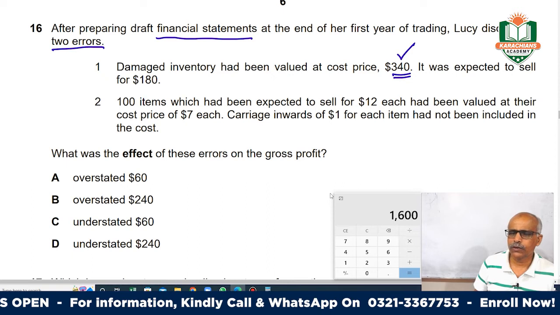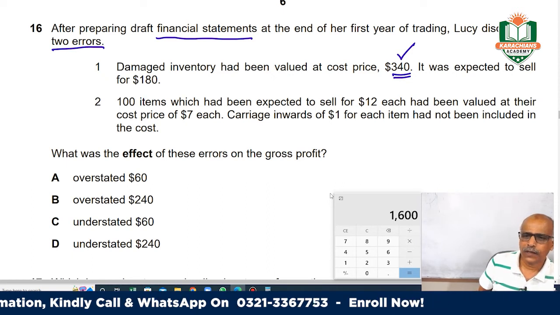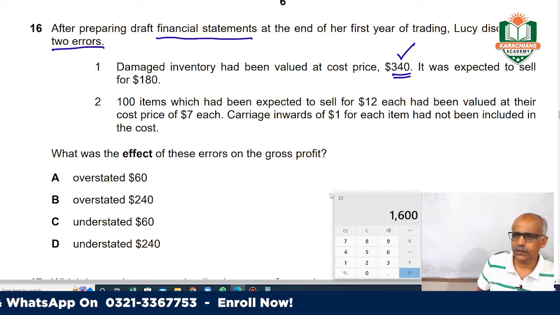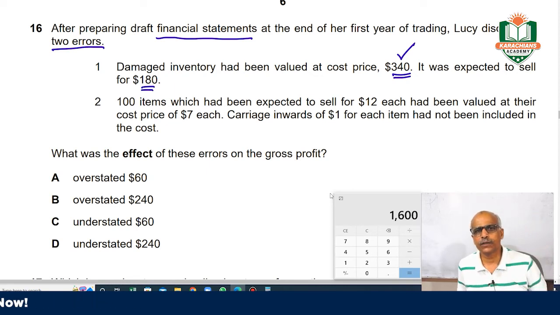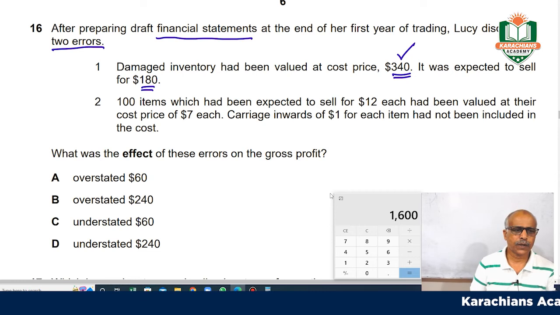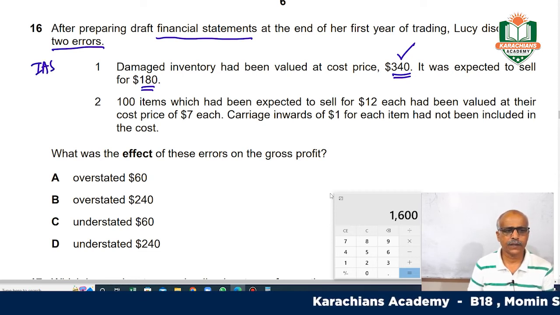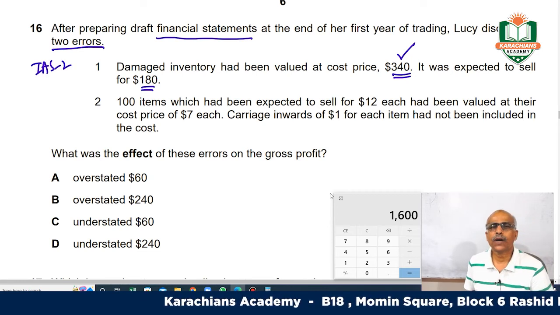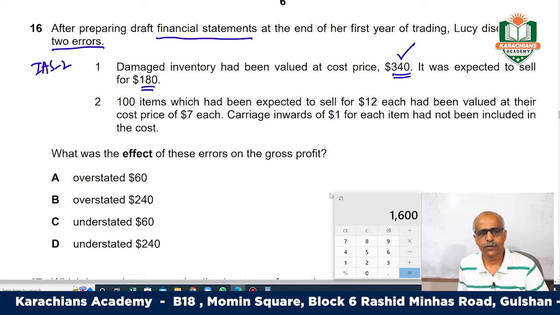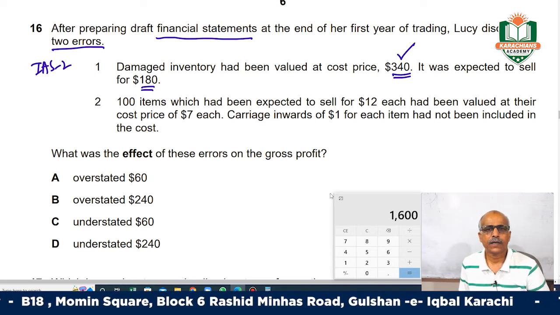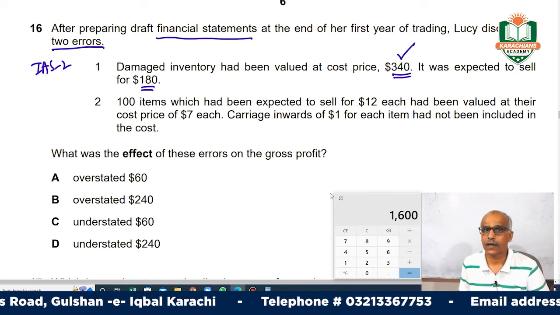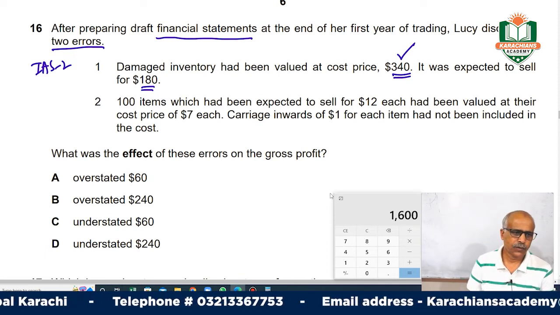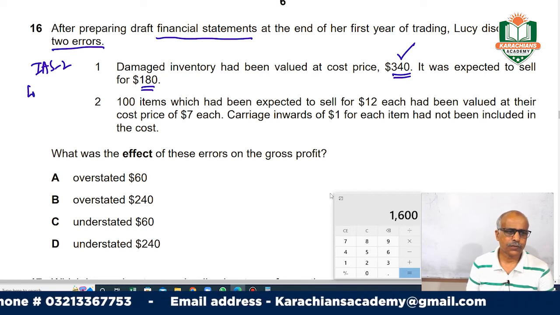When you included that 340 cost as closing inventory, it was expected to sell at 180 because this was the damaged one. As per International Accounting Standard IAS 2, you have to value your inventory at the lower of cost or net realizable value.